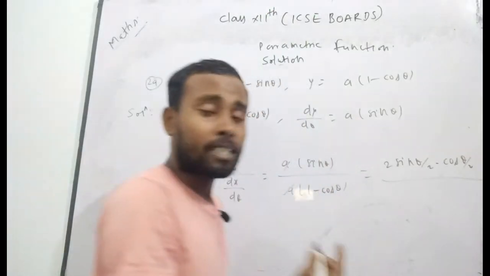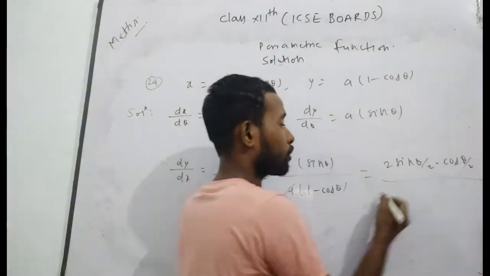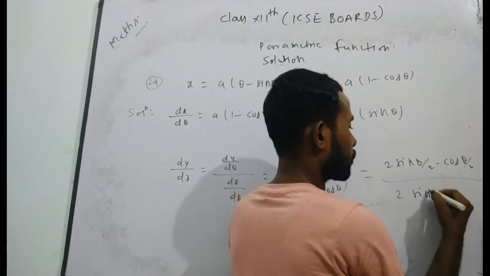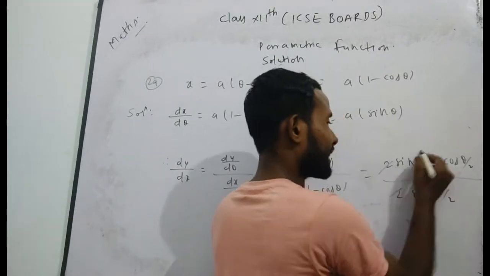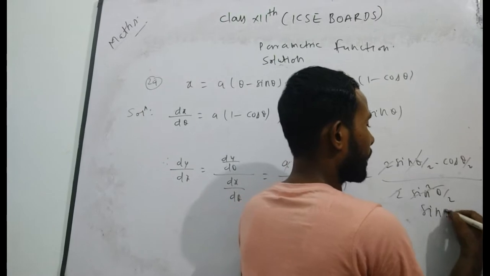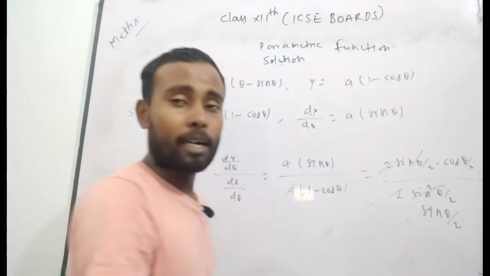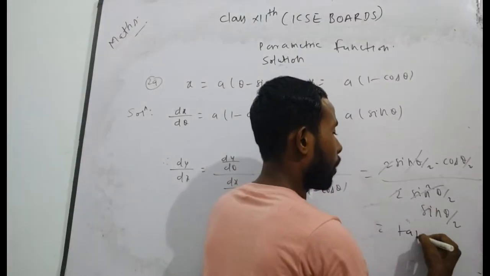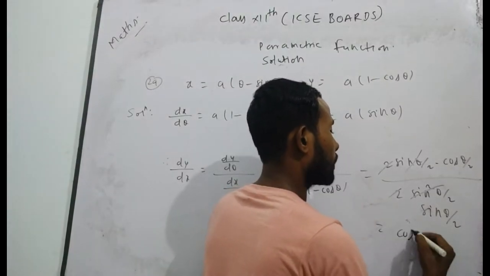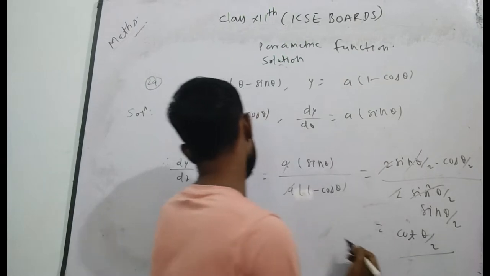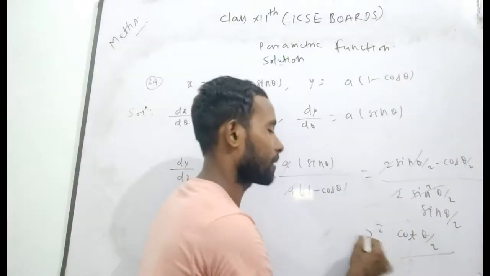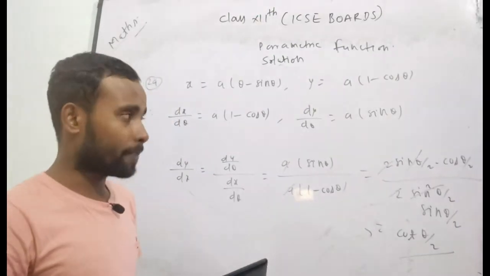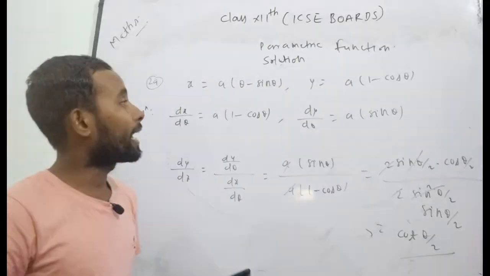If you wish, simplify it: 1 minus cos theta is equal to 2 sin square(theta/2). The 2 cancels, and sin(theta/2) cancels, leaving cos(theta/2) by sin(theta/2), which is cot(theta/2). This is your dy/dx. I think you understand very well. This is the answer to this question.